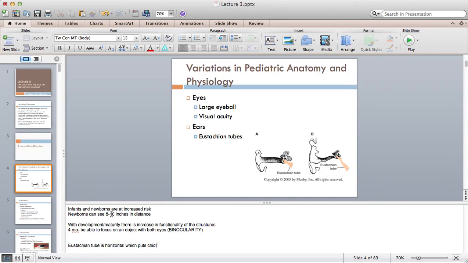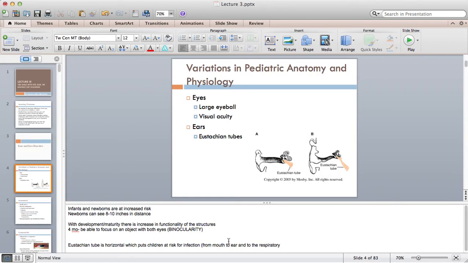But as the child grows older and in adulthood, you see that the eustachian tube is slanted, so that there is no more direct connection between the fluid and the ear and the respiratory and the mouth system. So those are the things in terms of the ear and the eyes that you need to know. There are other variations here that you may find, but these are the classic ones that you must know.